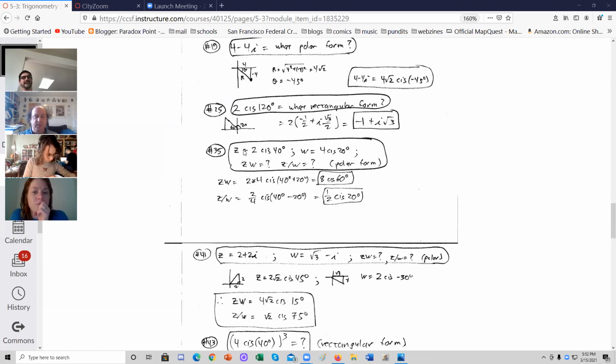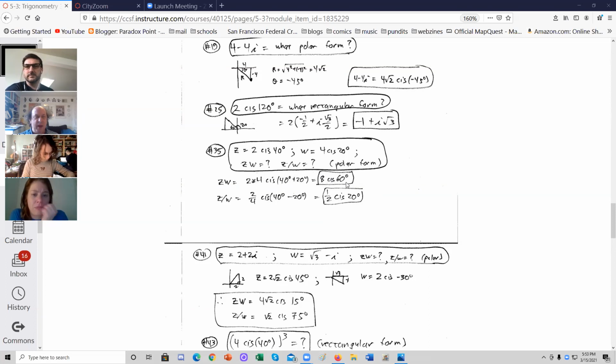Now here we have two complex numbers. Z is 2 cis 40 degrees, W is 4 cis 20 degrees. What are their product and their quotient? We'll leave it in polar form. All right, Z times W. Well, we multiply the lengths, 2 times 4, that's 8. Cis of, we add the angles, 40 plus 20, so this is 8 cis 60 degrees.